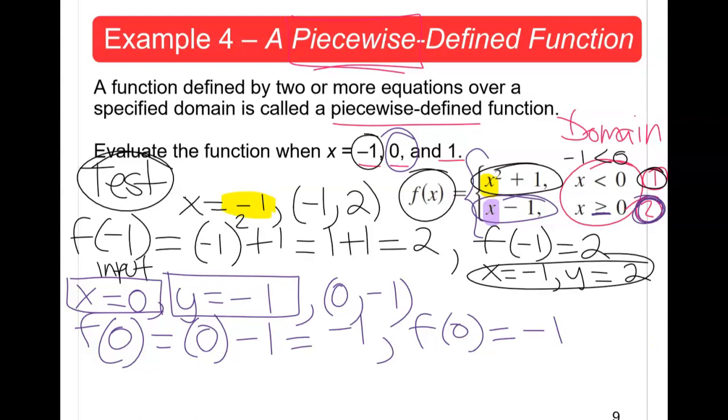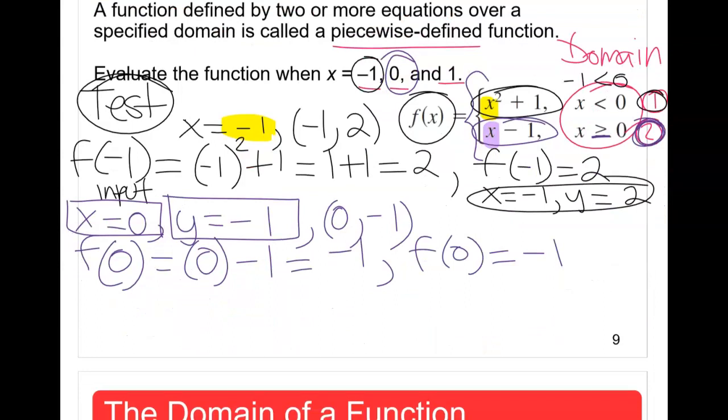Now let's try with the other x value given to us. So that will be +1. When x is equal to +1, what is the y value? So we check our two cases and we see that 1 is greater than 0. So we're going to use the second case, that equation, x minus 1.